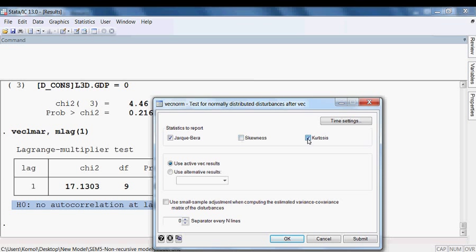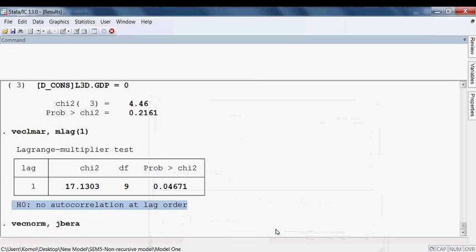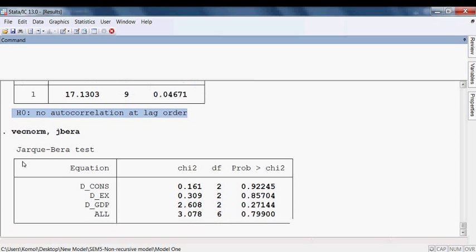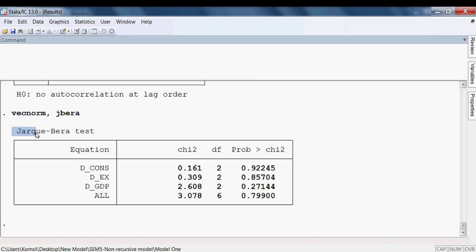So here I take only the Jarque-Bera statistics, that I check only. Okay, it is coming up. You can see the Jarque-Bera statistics. And what is the null hypothesis? Null is residuals are normally distributed, and that is desirable.